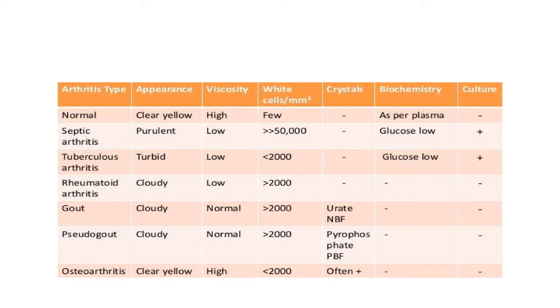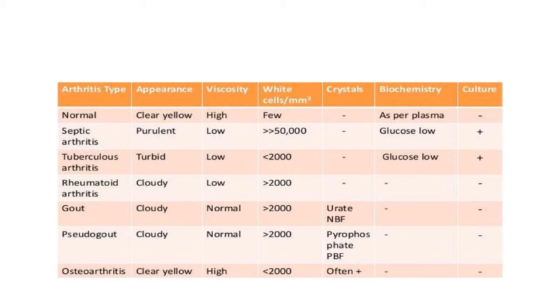And here is a table which shows changes in joint aspirate in different conditions. Like if there is septic arthritis, what would be the changes in different parameters of joint aspirate examination.